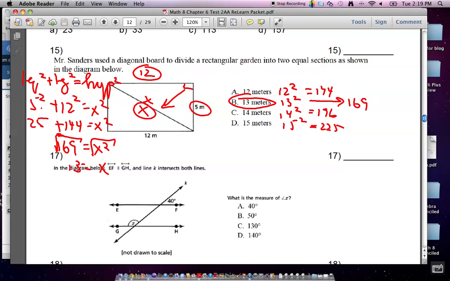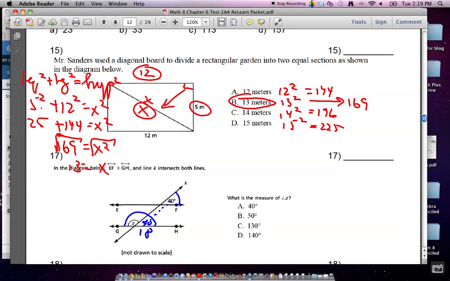And number 17, EF is parallel to GH, line K intersects both lines. What's the measure of angle Z? So I'd like to do a little drag and drop here. This guy here is 40 degrees. If I drag it and drop it, I get 40 right here. Again, together they make up a straight line.